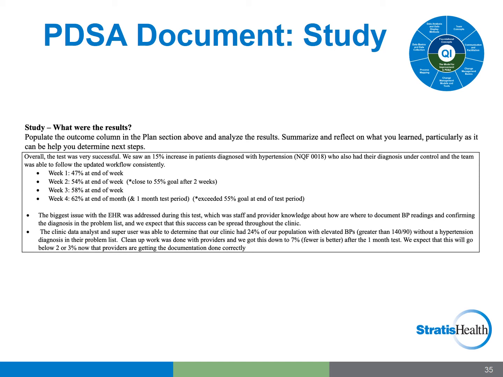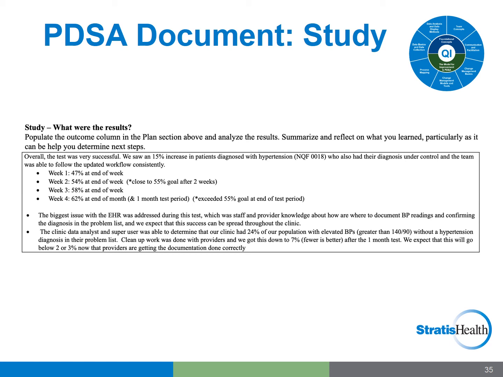The QI team further added to their report, the biggest issue with the EHR was addressed during this test, which was staff and provider knowledge about how we are to document BP readings and confirming the diagnosis in the problem list, and we expect that this success can be spread throughout the clinic. The clinic data analyst and super user was able to determine that our clinic had 24% of our population with elevated BPs greater than 140/90 without a hypertension diagnosis in their problem list.